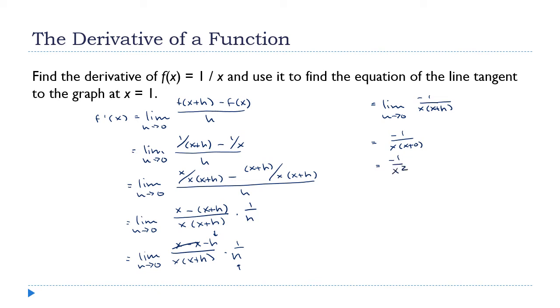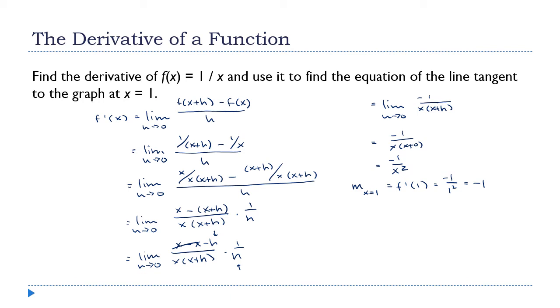Now I can get on with finding the equation of the line. We've been calling it the instantaneous rate of change throughout this lecture, but remember, it is also the slope of the tangent line. So the slope at x equals 1 is f prime of 1, which is negative 1 over 1 squared, which is negative 1.